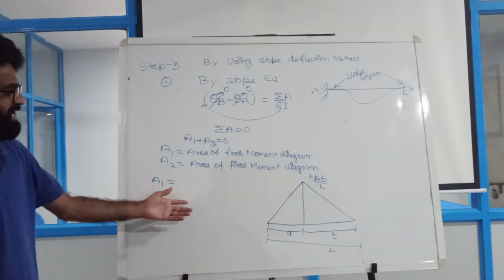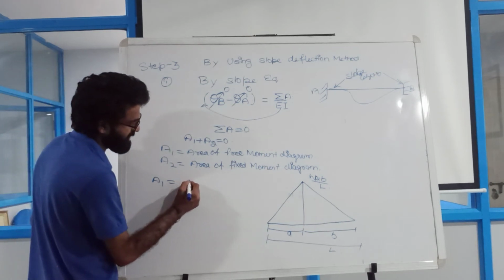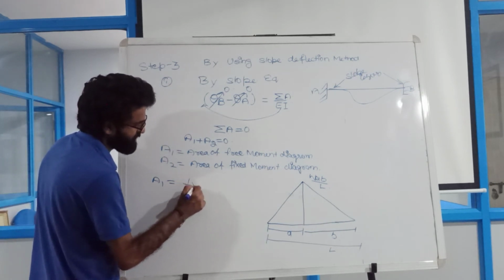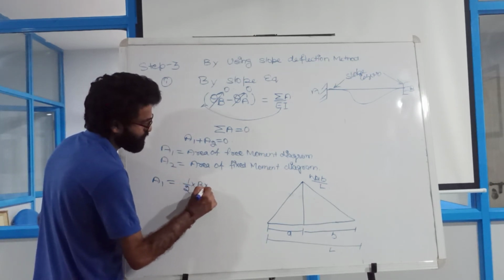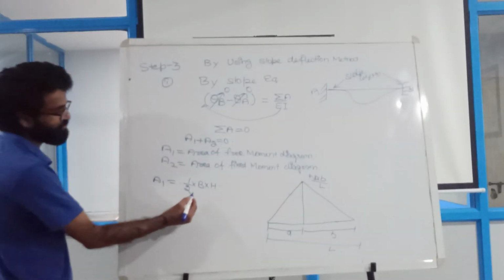So for this triangle, what is the area? We all know that the area of a triangle is half into B into H. So I will put all my values.